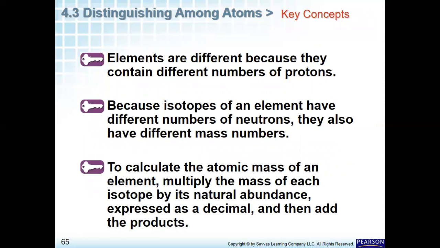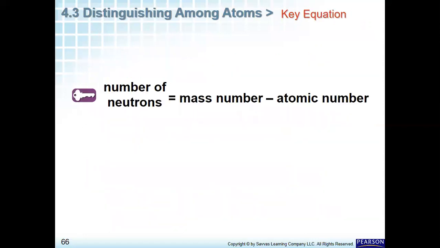The elements are different because of their atomic numbers and numbers of protons, and the isotopes of the same element have the same chemical properties, and they differ only in the number of neutrons but have the same number of protons. To calculate the atomic mass of any element, you have to multiply the mass of each isotope times the percent of its natural abundance in decimals, and after that, add the two isotopes or more.